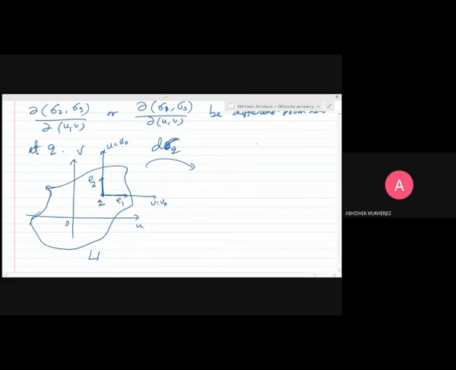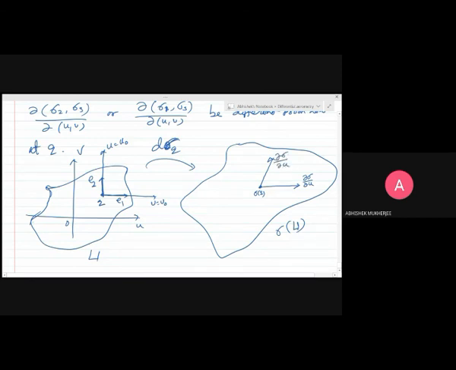This is your surface patch sigma, it is actually sigma of U. This is your sigma q, and at sigma q, the vectors are del sigma del u and del sigma del v. These are your coordinate curves.